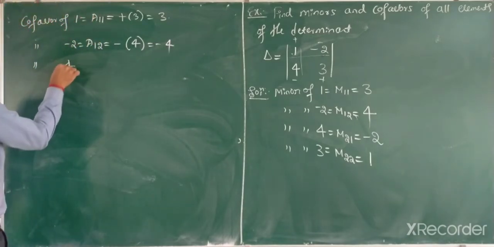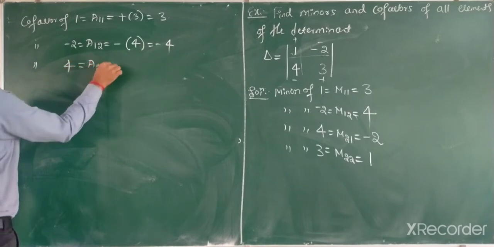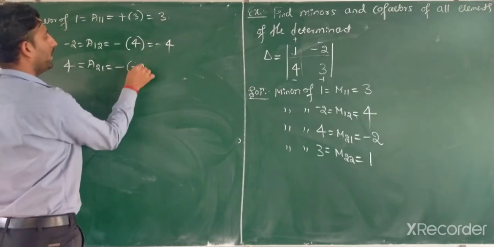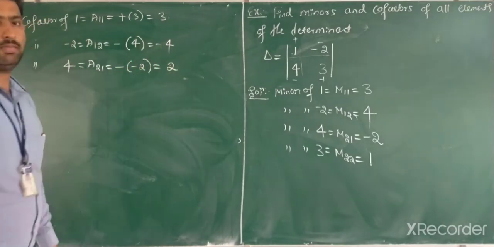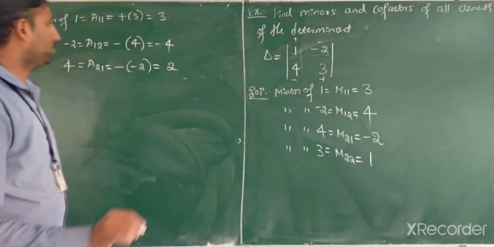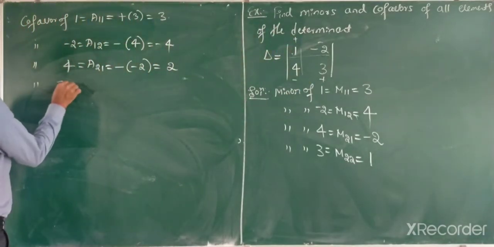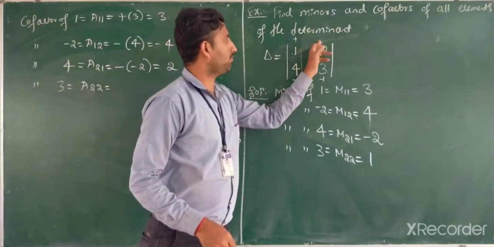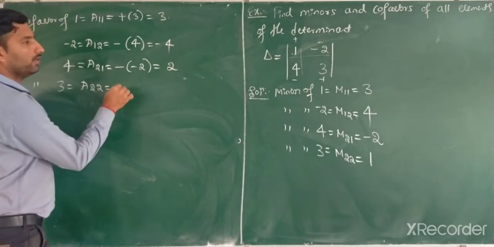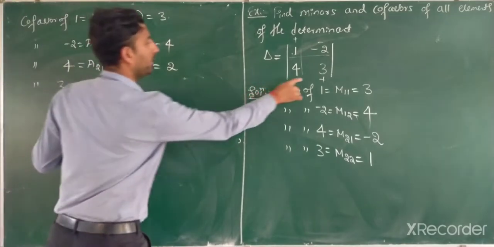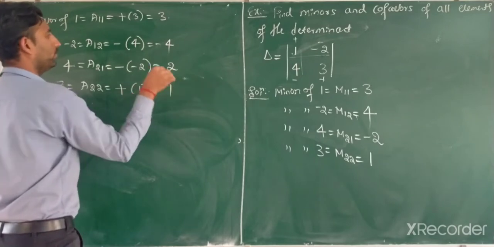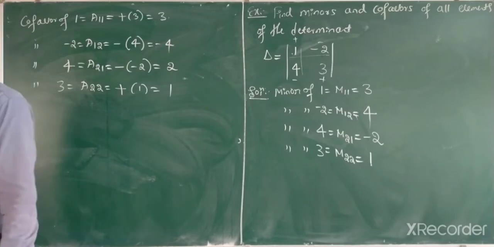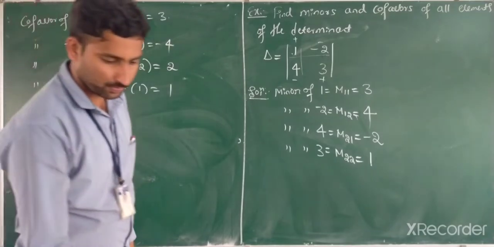Cofactor of 4, A21, is equal to minus of minus 2, which is equal to plus 2. Minus of minus 2 is equal to plus 2. Cofactor of 3, A22, is equal to plus of 1, which is equal to 1. These are nothing but cofactors of individual elements of order 2 cross 2.